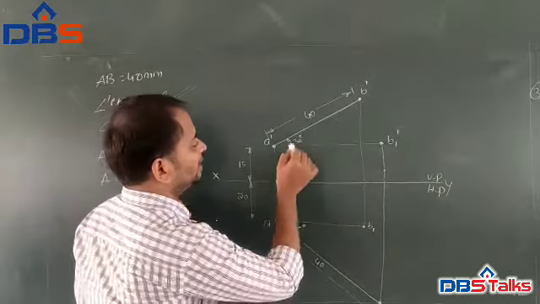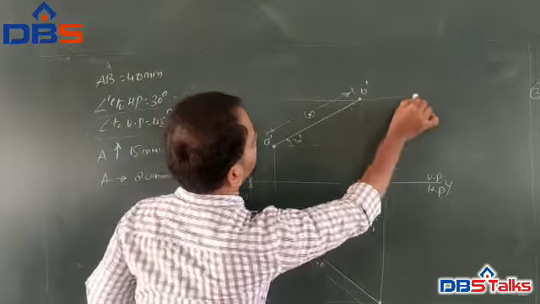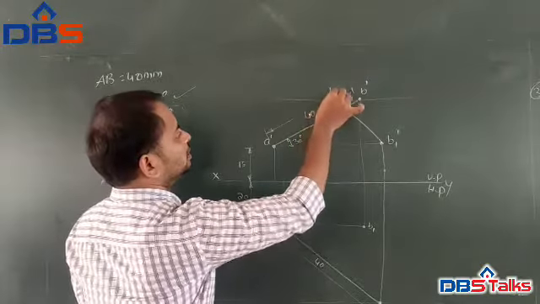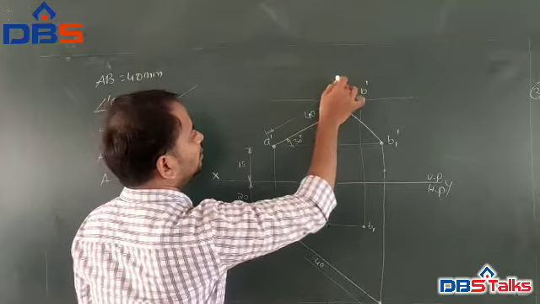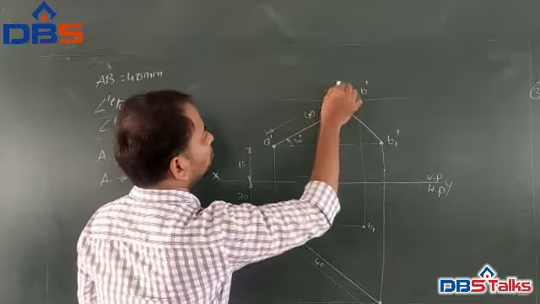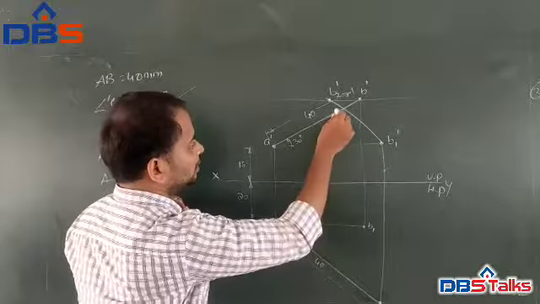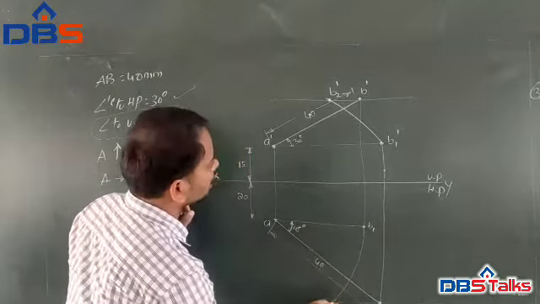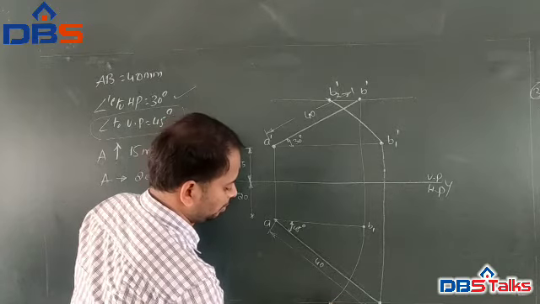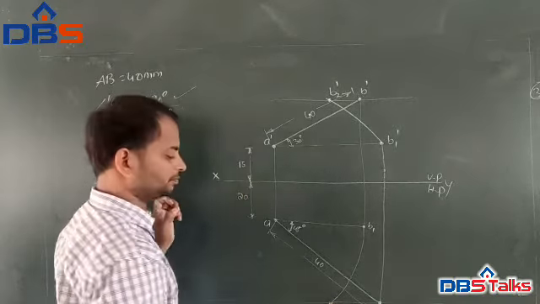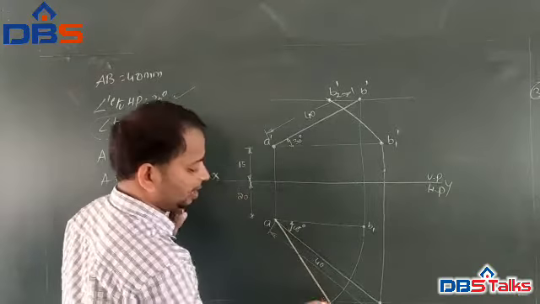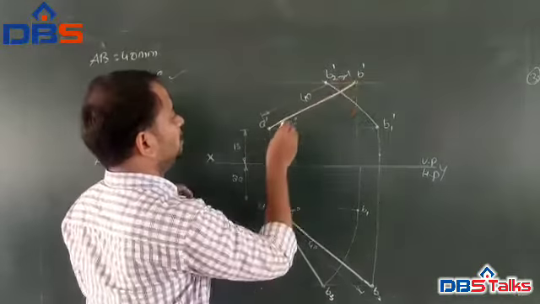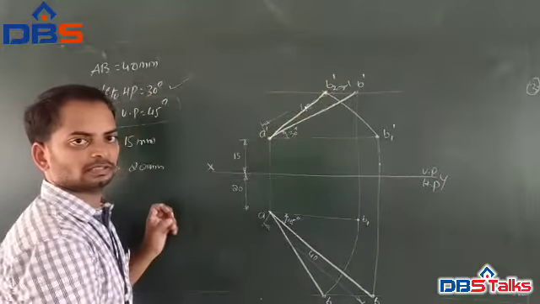Then by turning these parallel lines to the reference, this is B1, B2 dash. Then from B1 mark a turning, it is B3. Then join A B3 and A B2. Next A dash B dash, A dash B2 dash.